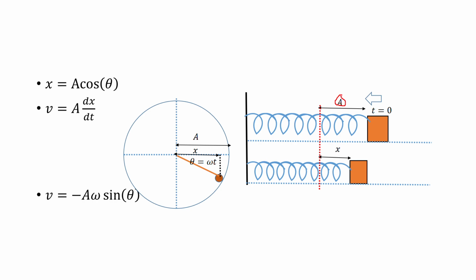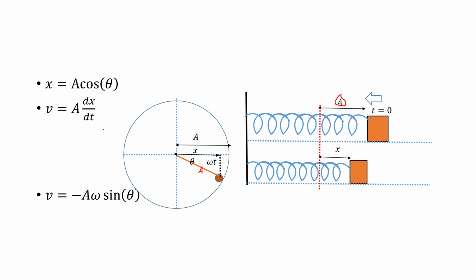So if it moves some distance delta x in this time interval t, and x is the coordinate of the position of the particle from its mean position, we can write x as a cos theta, where theta is omega into t, and a minus x is the delta x which the particle has moved.